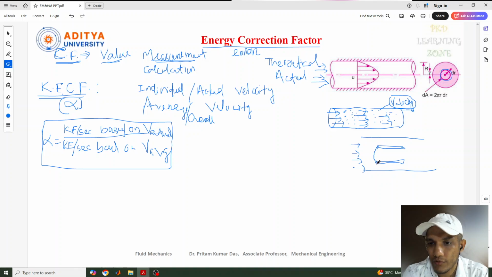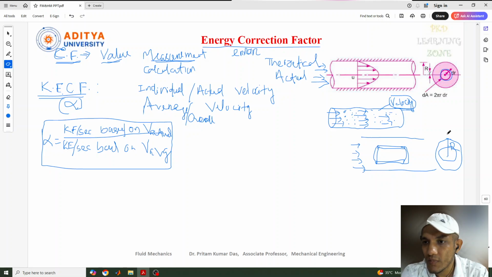The outer circle has radius capital R, and the small elemental strip is the cylindrical part that is taken. Another circle is drawn here, and this one is the elemental strip, as I told.